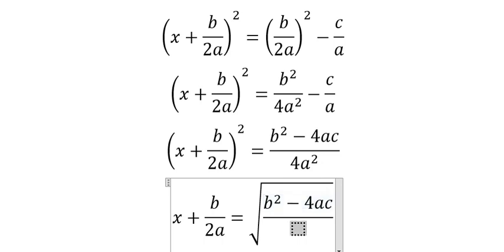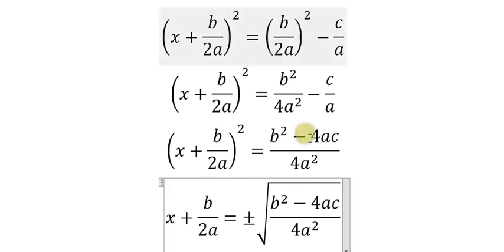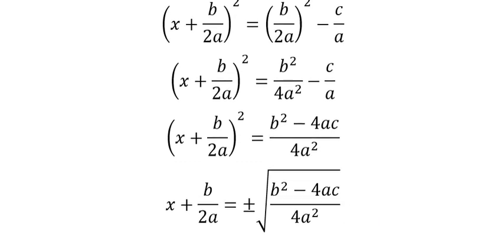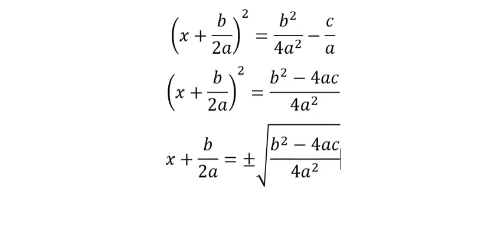Good. Then we have 4a squared. Good. And remember, whatever you're going to get here is going to be of the form either a positive or negative value, so plus or minus the root of whatever we're going to get in here. Now let's go on and see what we make of this.